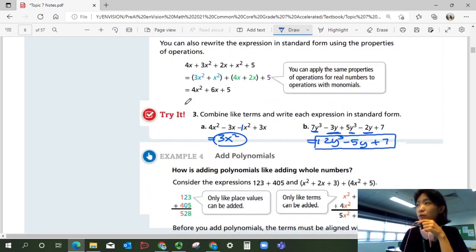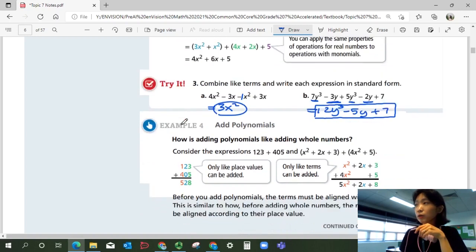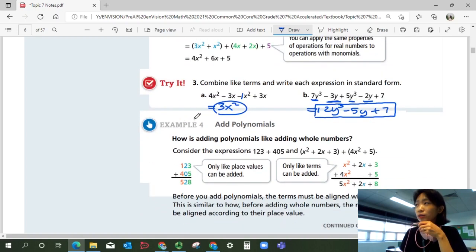Okay, let's look at an example for adding polynomials. How is adding polynomials like adding whole numbers? How are they different? How are they similar? Consider the expressions 123 plus 405, right? You add each place value together, right?